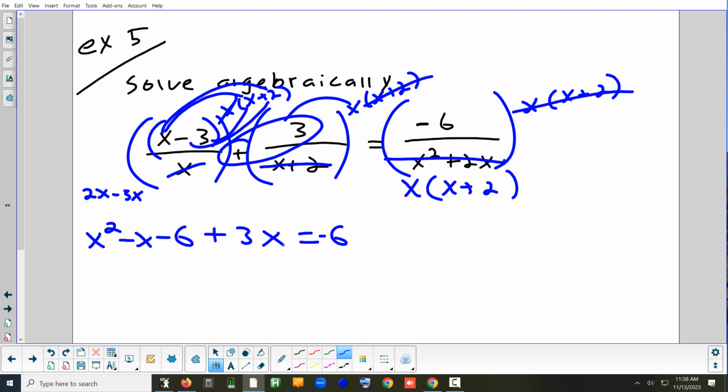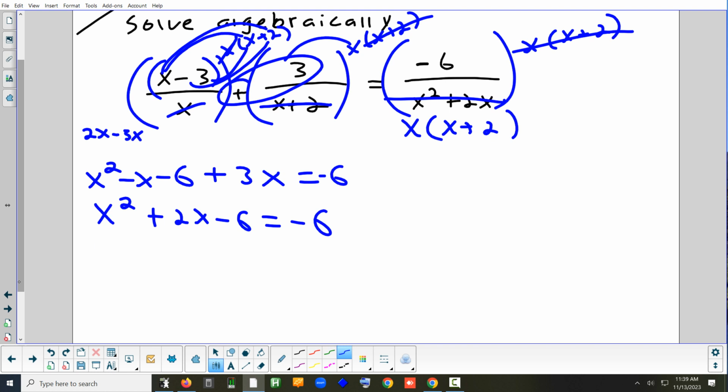All right. What can I do on the left side? Combine like terms. Yeah, we can at least combine like terms. And what does that give me when I combine my x terms together? 2x. Now it's a quadratic, so we want to make sure we get it equal to 0.